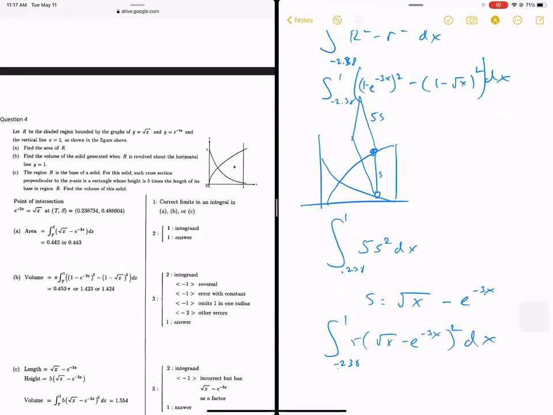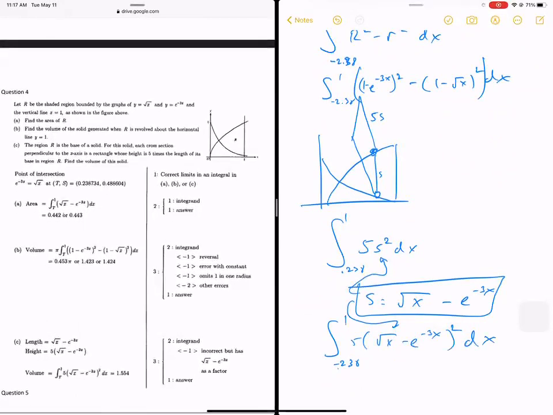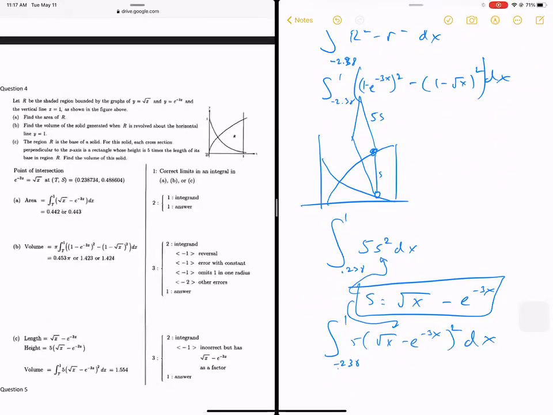Now, I can save you like 20 seconds. Since I wrote this as s, I do not need to rewrite this equation. The readers understand that when you call something s, you know that's s, and you can just type that in the calculator already. Okay. All right, that's it.